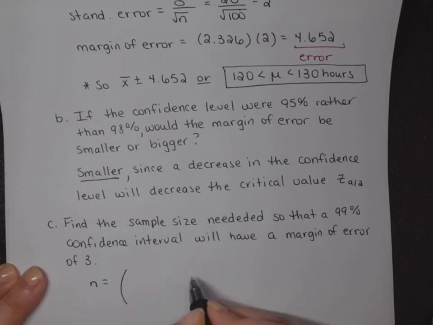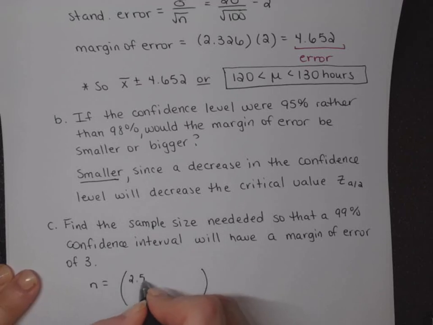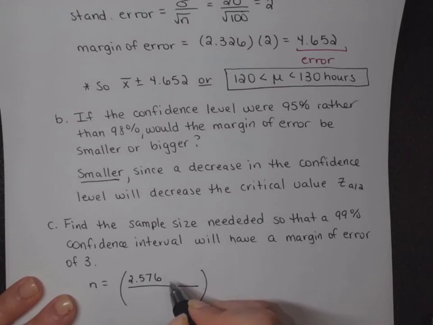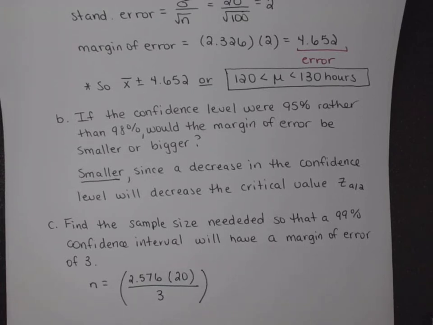So our formula for n, remember, is kind of large. So first you look at your table to see if 99% is one of the values on the bottom row of table 8.3, and it is, and it's equal to 2.576. Okay, and then you multiply by the 20 on top over the margin of error of 3, and then you square it, and then you bump it up.